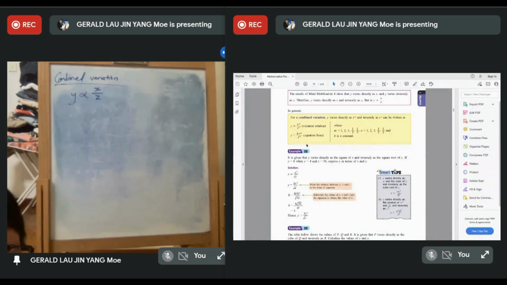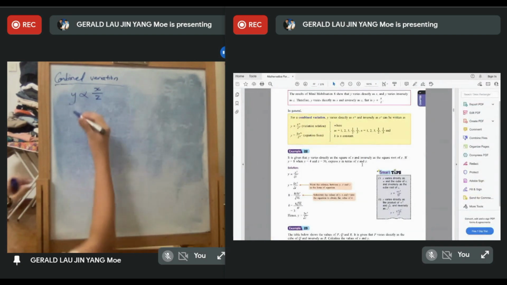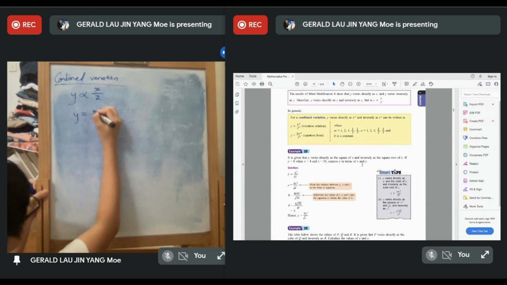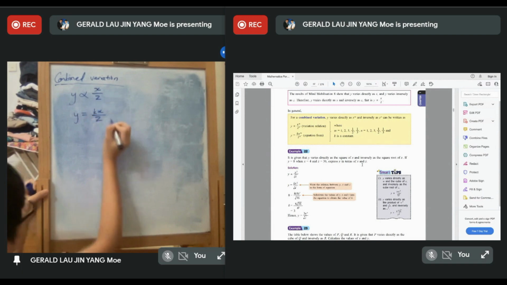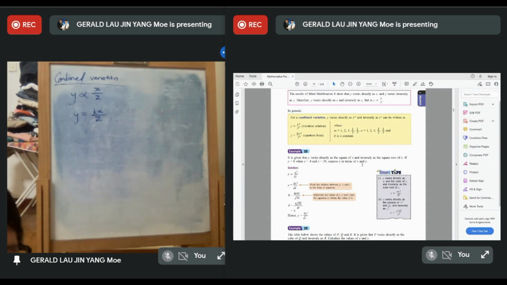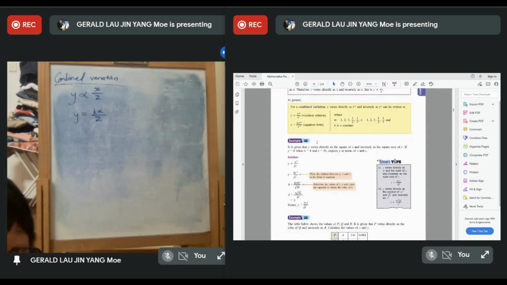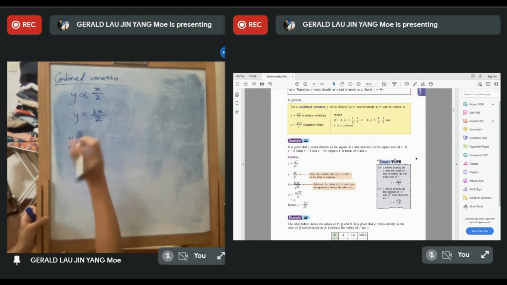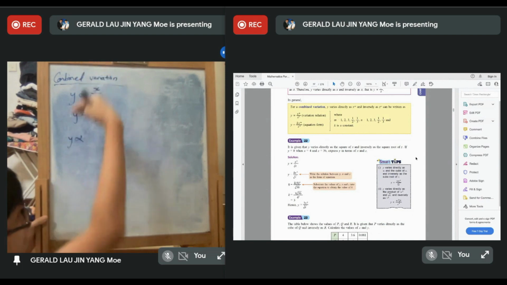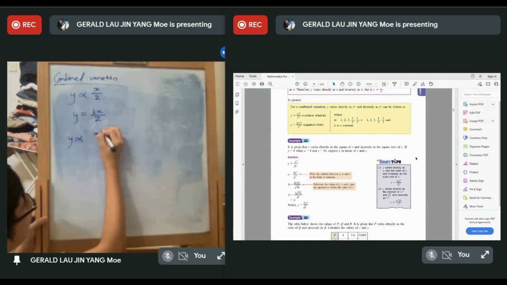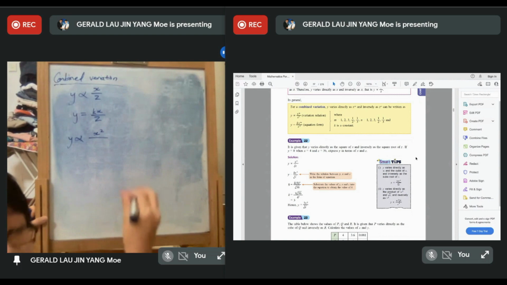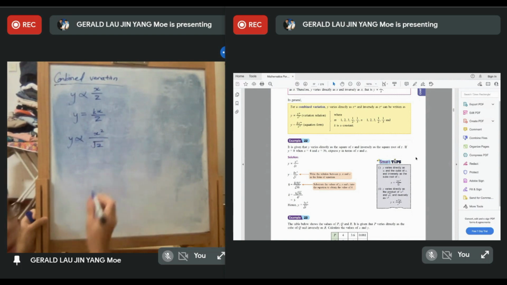Combined variation, if you want to write into equation form, it will be y equals kx over z. It is given that y varies directly as the square of x, directly meaning on top, and inversely as the square root of z.